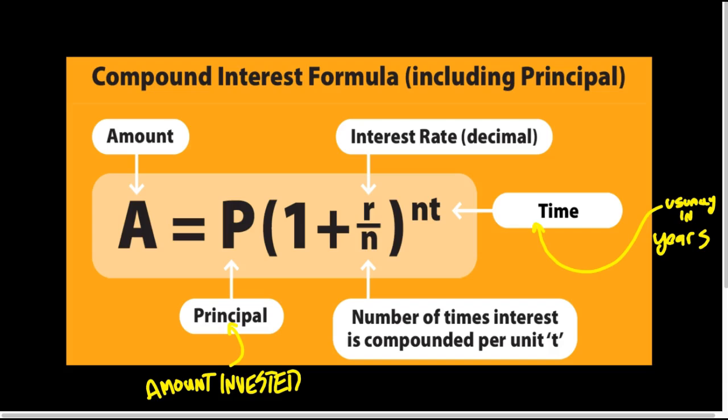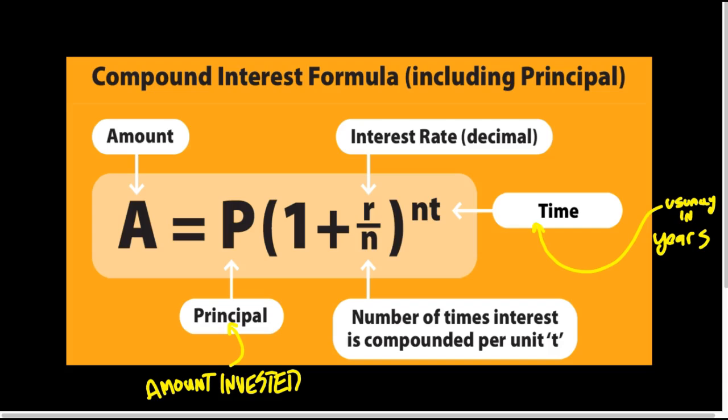So you might have some different terms that you have to interpret, like let's say we have quarterly. How many times a year would it be if it was compounded quarterly? Four, good. How many times if it was compounded annually? One. Semi-annually. That's a hard one. Two. Biannually. Same thing, too.